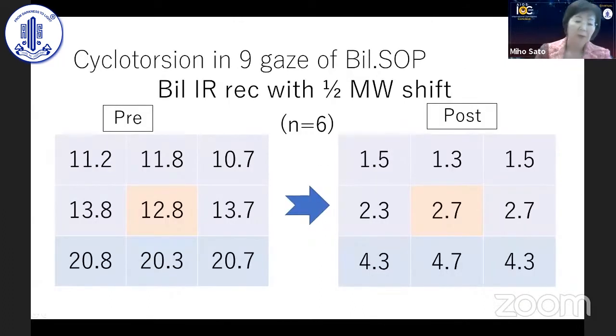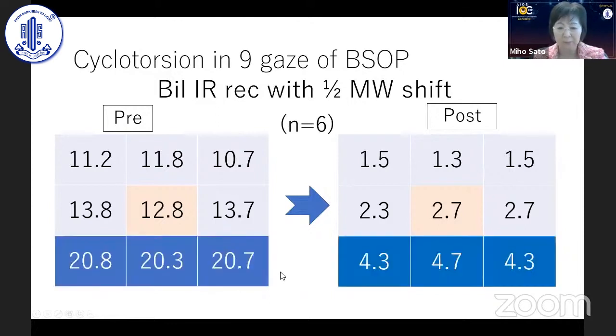We measured the 9 gaze positions of cyclotorsion in 6 patients. In the primary position, average cyclotorsion is 12.8 degrees. But in down gaze, the cyclotorsion increased up to 20 degrees.